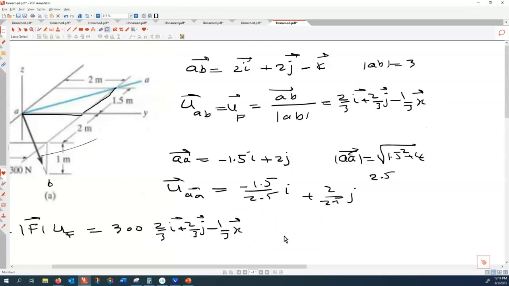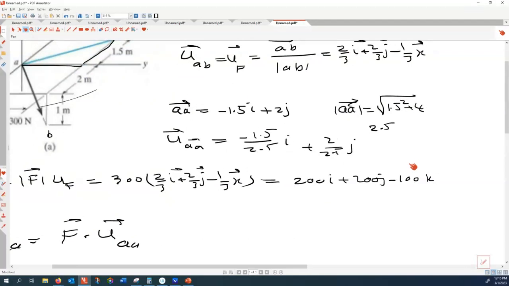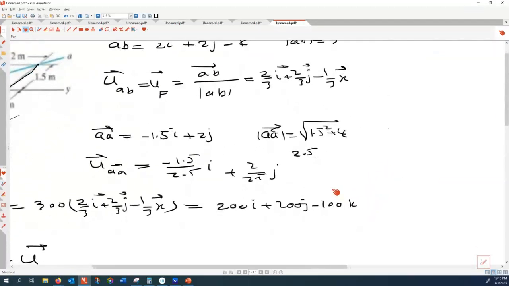Is this right now? Okay, so in that case, I think we can simplify that easily. So this is equal to 200i, 200j, minus 100k, correct? Okay, now the next step is that has to be dot producted by the unit vector of AA, which is the unit vector of AA we found.